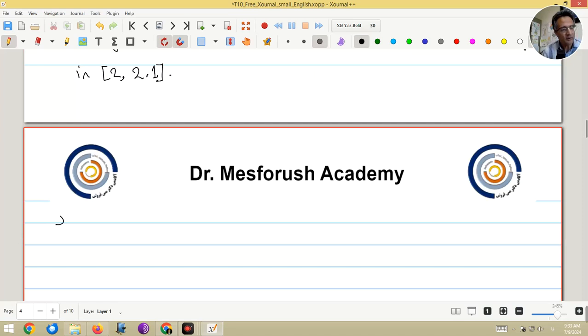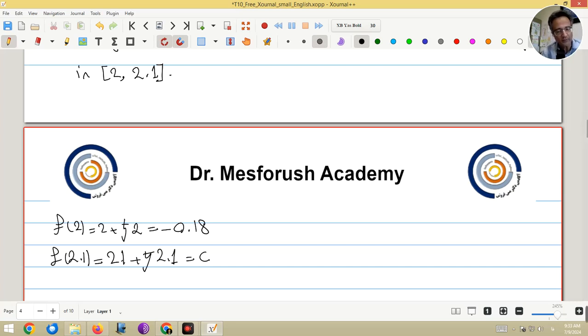You just consider f(2). f(2) is 2 + tan(2), and this is about -0.18. And f(2.1) is 2.1 + tan(2.1), which is about 0.39.